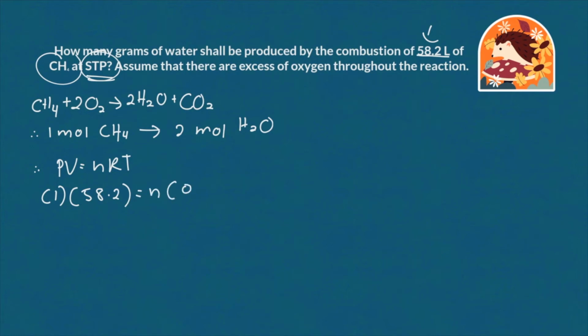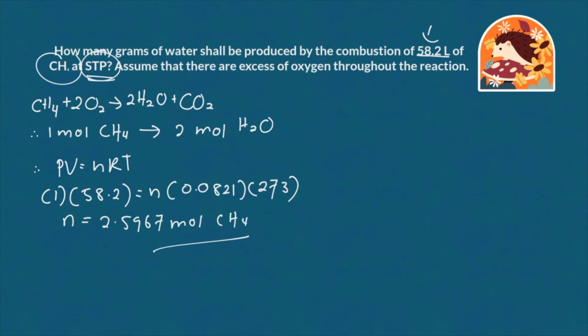R is a gas constant 0.0821, and the T at STP is 273. So from there, we can get the value of n for your methane, which is actually 2.5967 mole of methane.